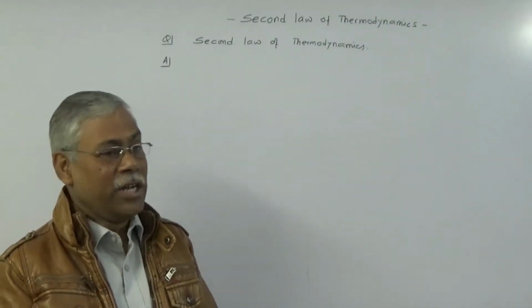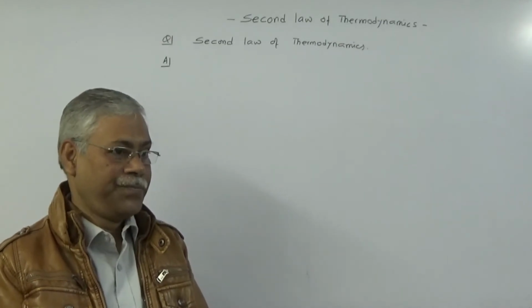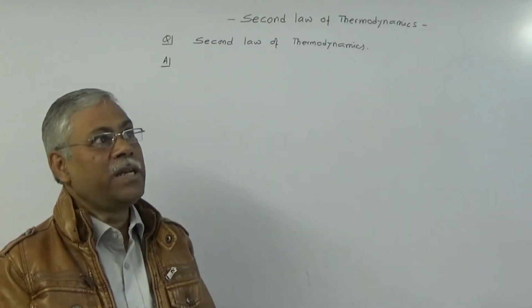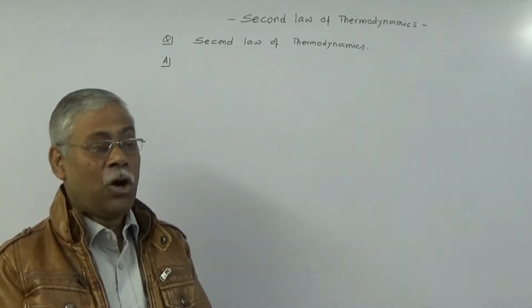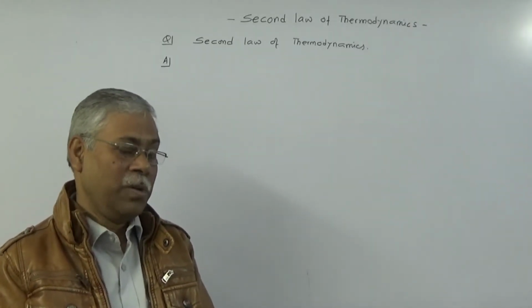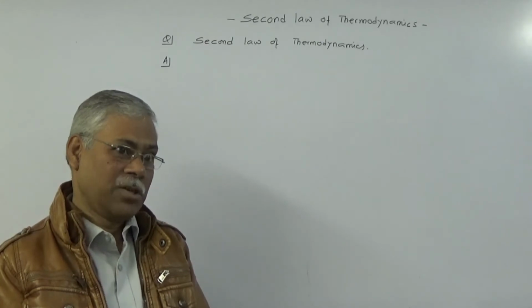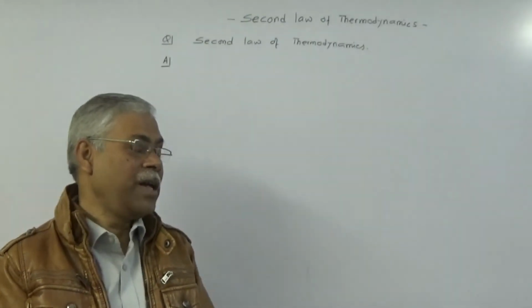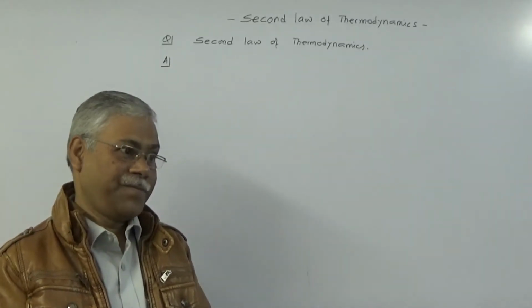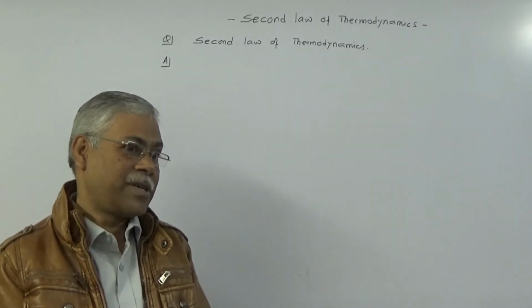The first law gives you dq equal to du plus dw. That means it tells you how much work will be produced out of a given amount of heat. That is learned from the first law.